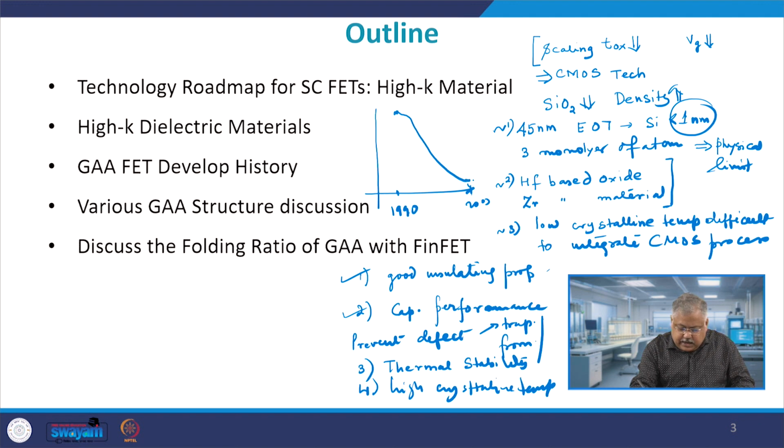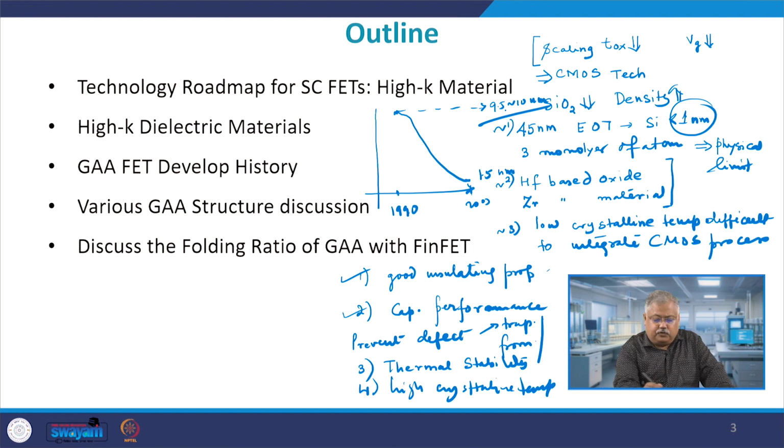Typically in 2005 this is around 1.5 nanometers, whereas around 1990 this was around 9.5 to 10 nanometers approximately, the gate oxide thickness. This is on a log scale which you are seeing. This is 10 and this is very near to 1. And this is the major challenge which people face while designing the oxide thickness.